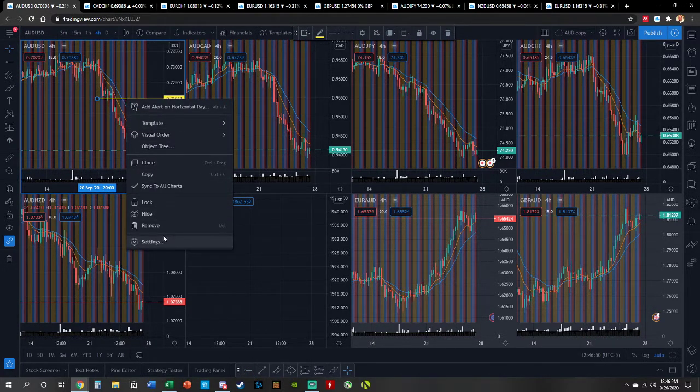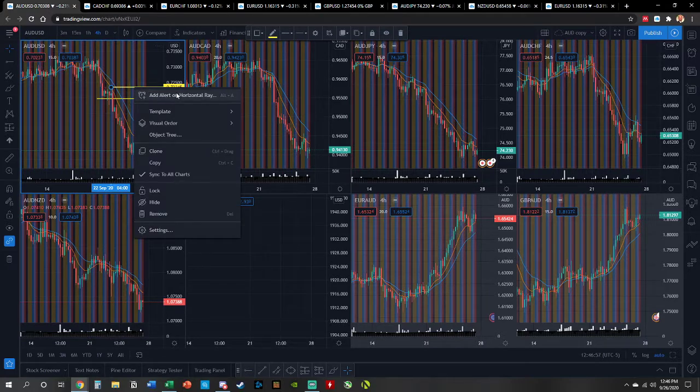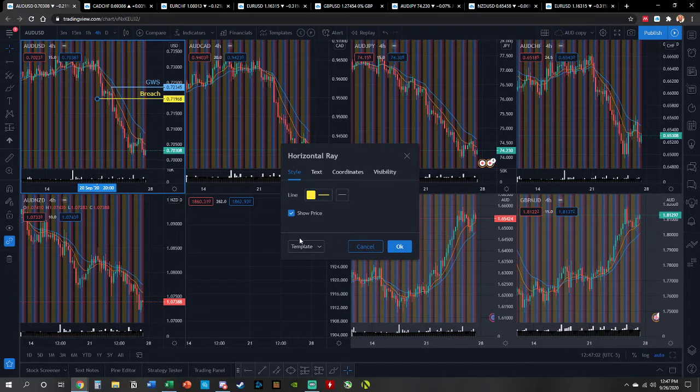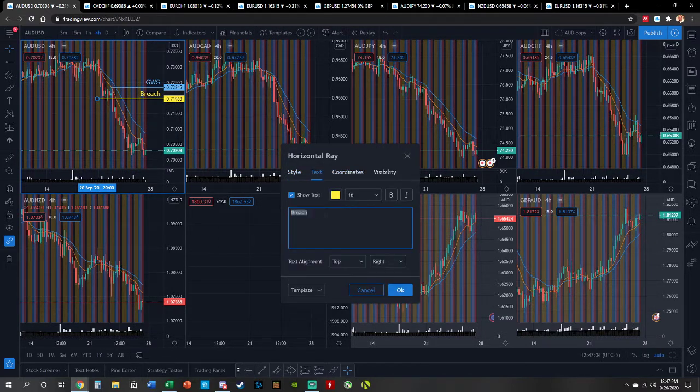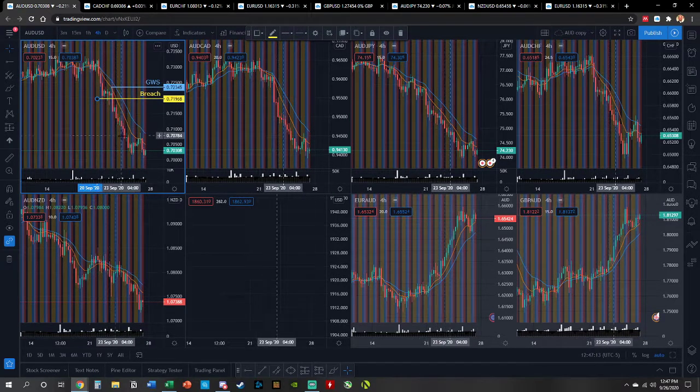I mark things off so we know where it started, which is going to be up here. If you're wondering how I have these saved like this, in the settings you go to template, then save as, and you can name it. It comes in very handy. You can see price came all the way down here.